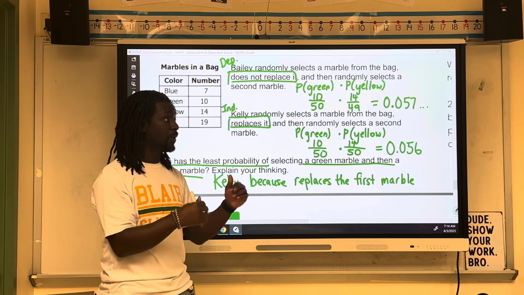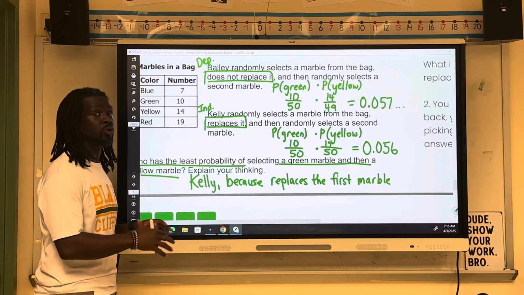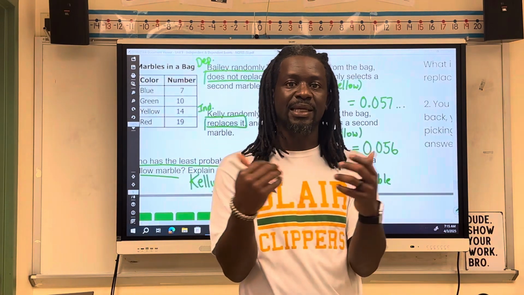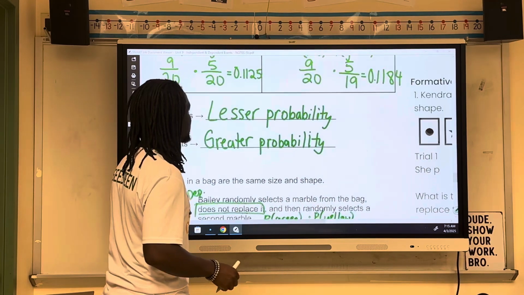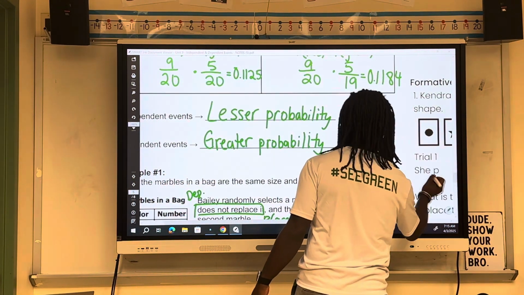So it's going to be a smaller chance that she's going to get a yellow, all right? So again, the more chances that you have of something, the smaller the probability it is that you're going to get it, okay? And so that is, again, the reason why. I think that's worth noting, okay?